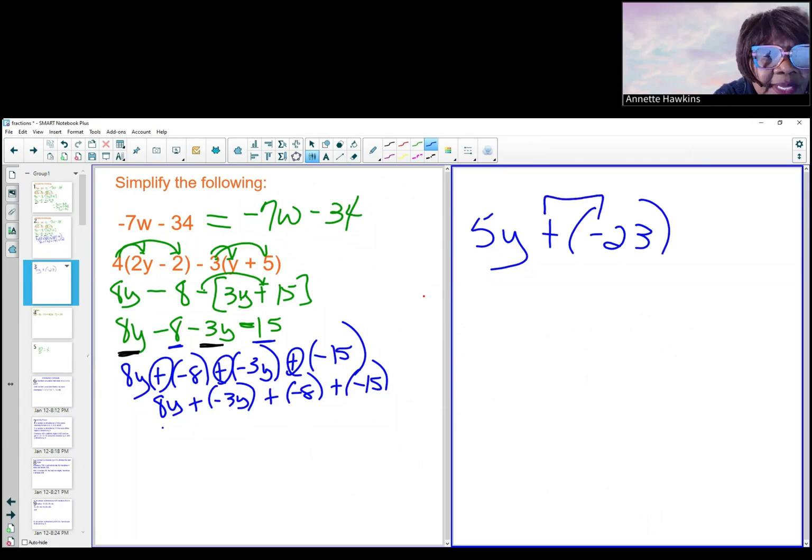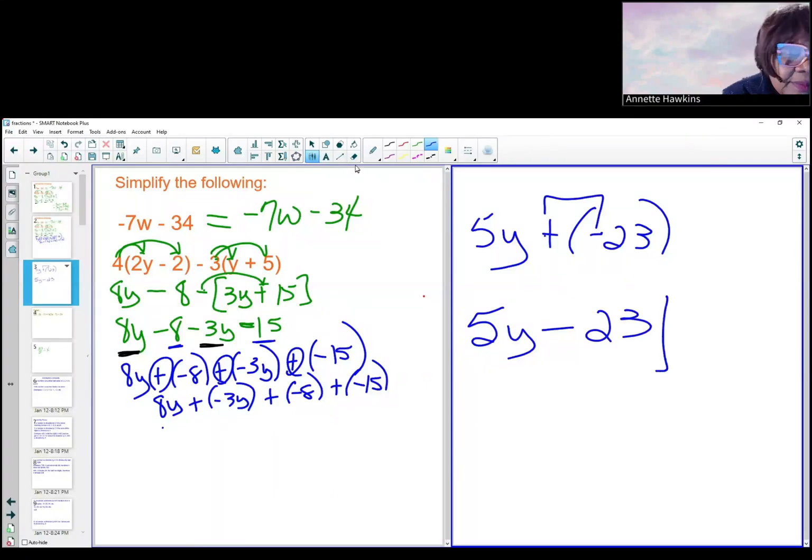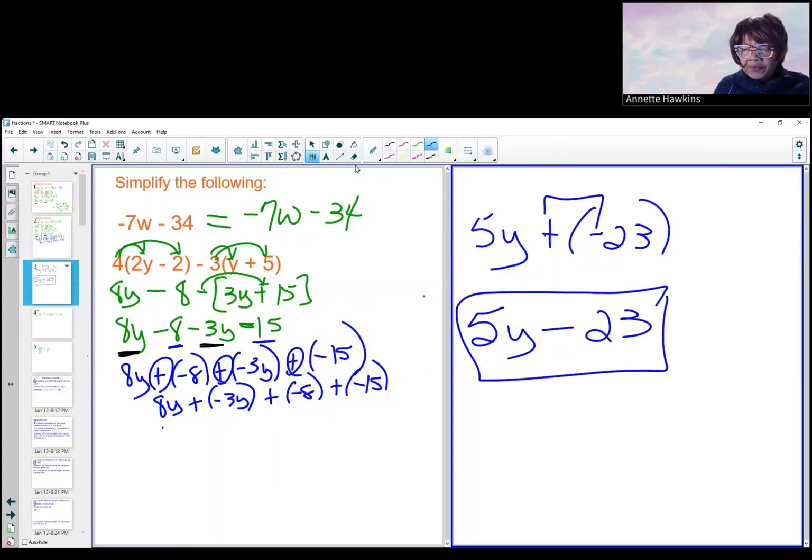So plus negative, add the opposite. That's the definition of subtraction. So the answer is 5y minus 23. Okay. All right, let's look at another review.